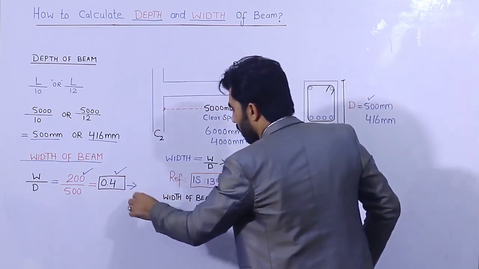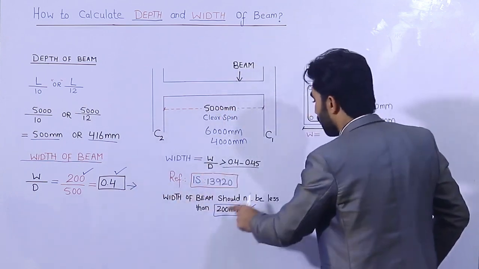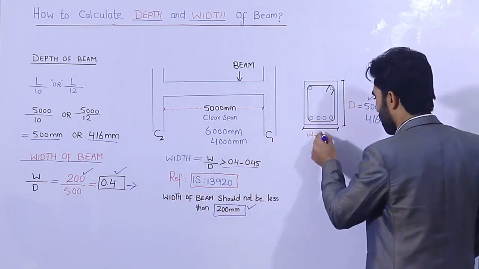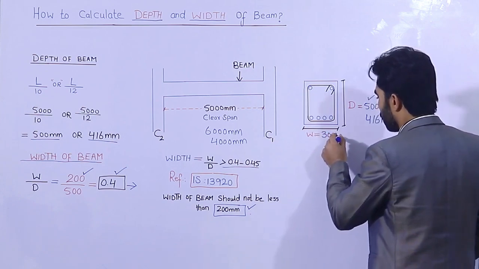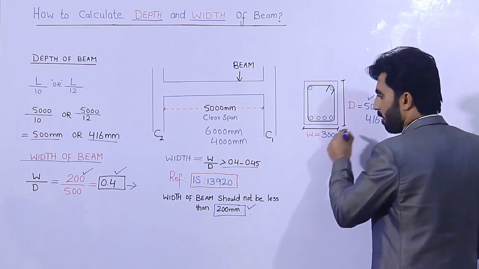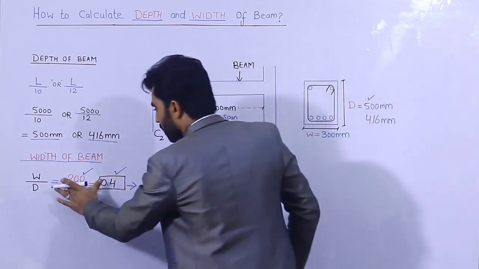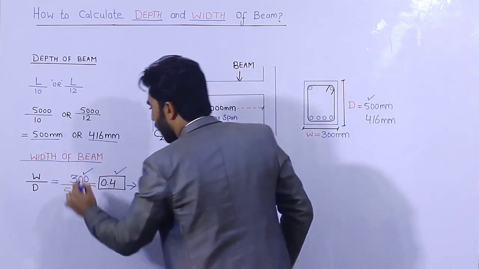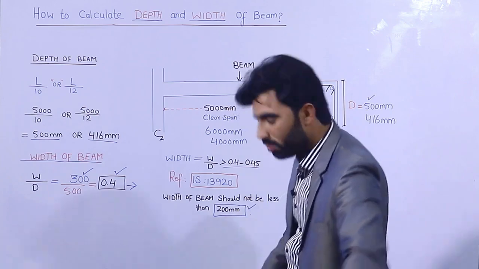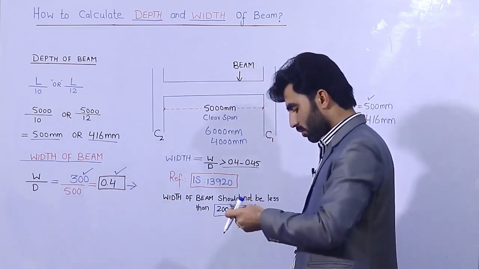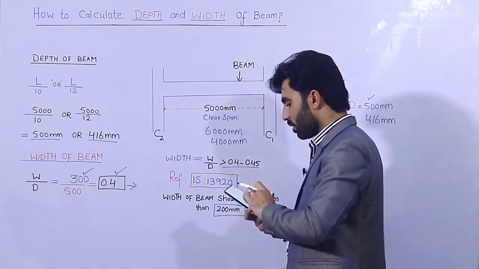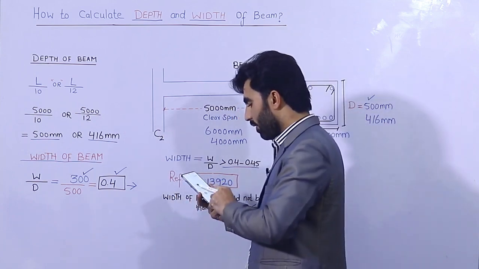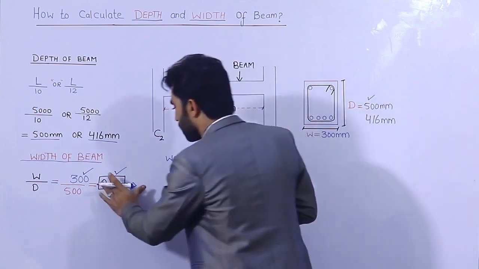You can keep up to, this is 300, 200 minimum. So I can increase; let me take 300 mm. If you put 300 here, let me do the calculation: 300 divided by 500. As you can see guys, the value is 0.6.